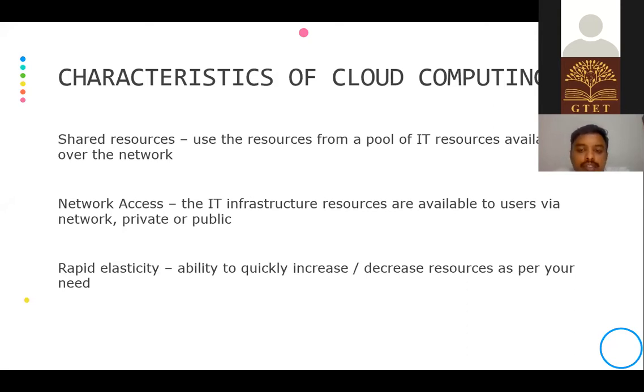Now, what would happen to businesses which were not on cloud, which did not have rapid elasticity as a key characteristic, right? Before cloud computing became the norm, or before anybody worked on cloud, how did they cater to their IT infrastructure needs?